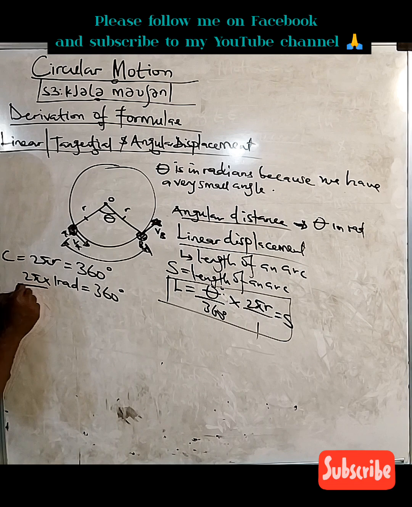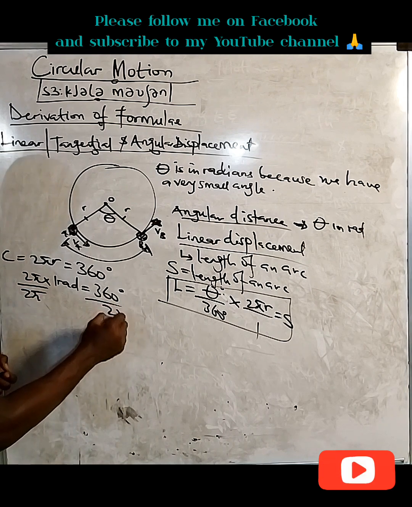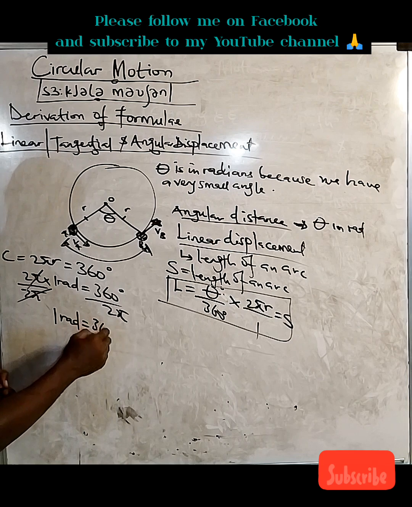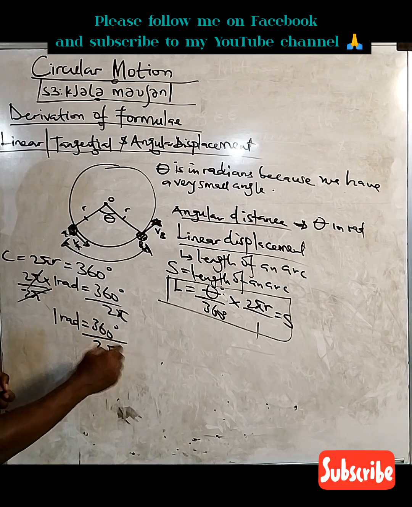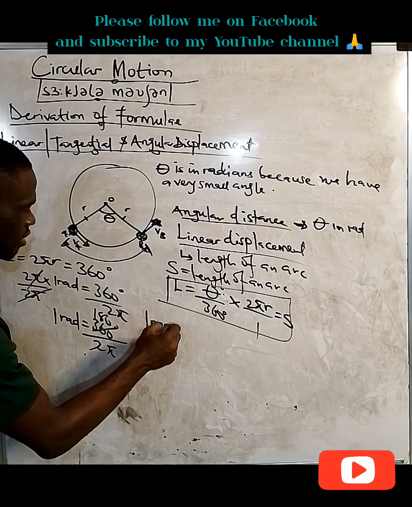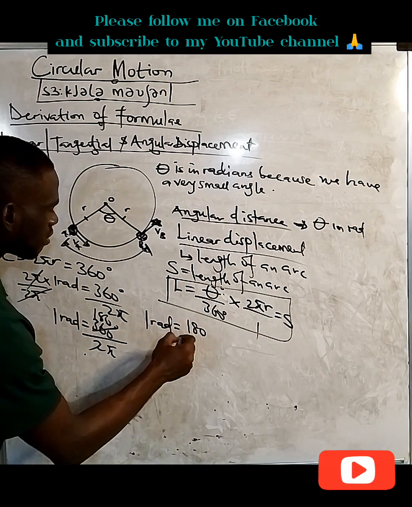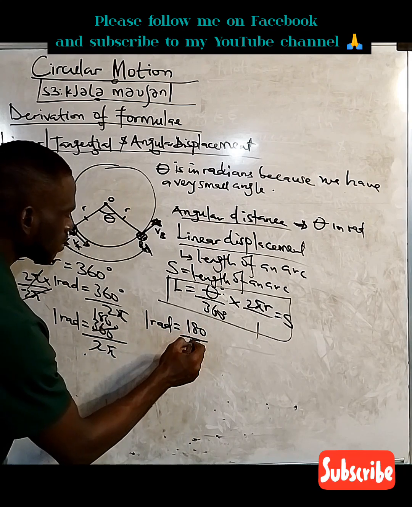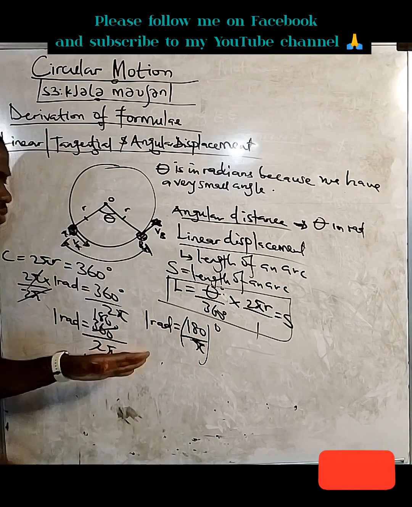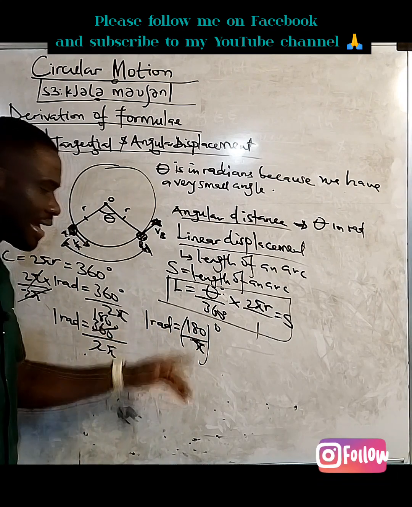So let's get a relationship between them. 1 rad, we divide both sides by 2 pi. So 1 radian is 360 degrees over 2 pi. 2 here 1, 2 here 180. So 1 radian is 180 over pi degrees. You can use a calculator to check that.